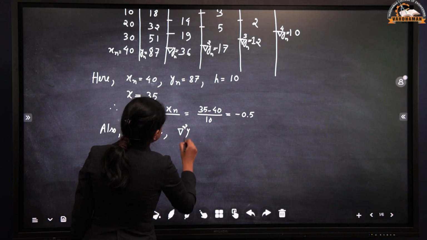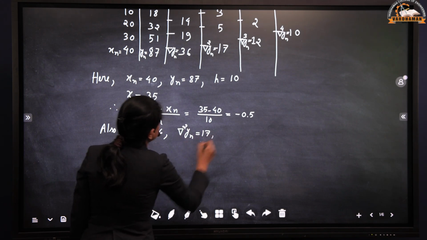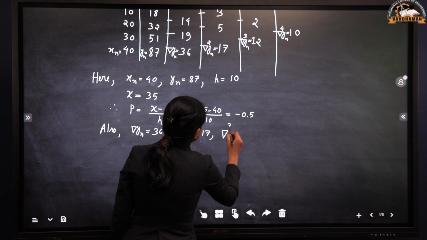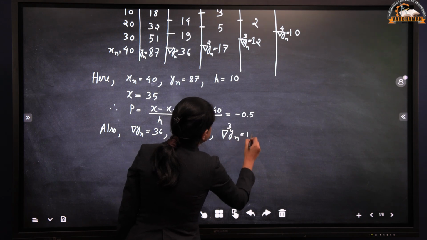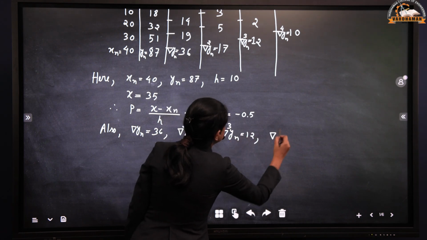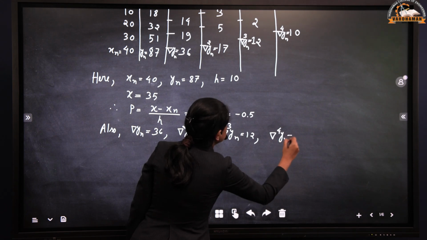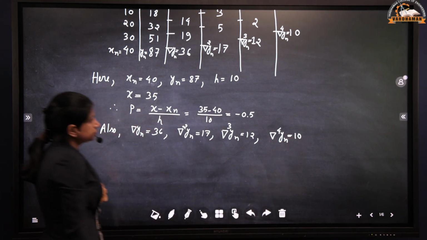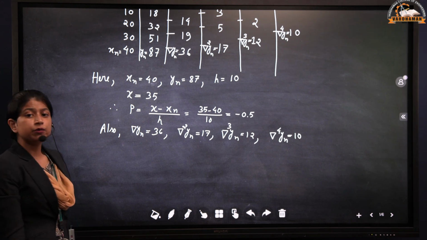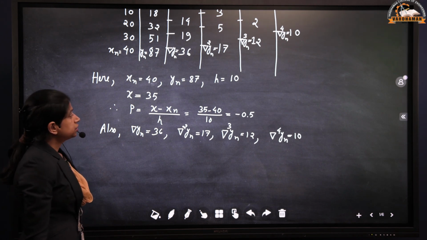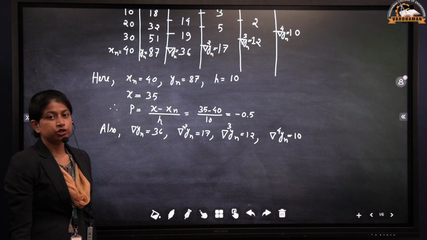Second backward difference on yn is 17. Third backward difference on yn is 12. And fourth backward difference on yn is 10. Now we can use the Newton's backward interpolation formula.